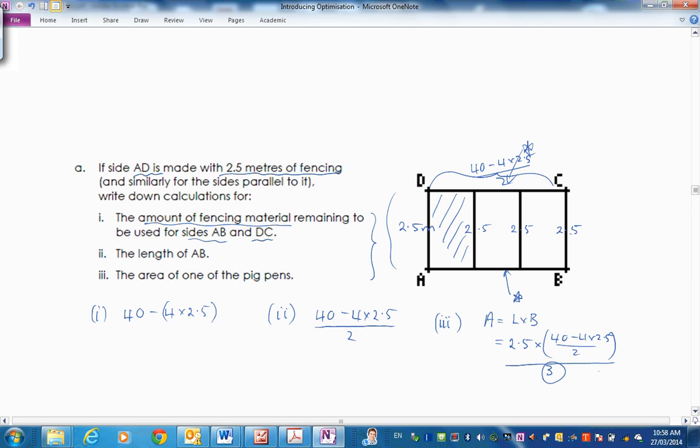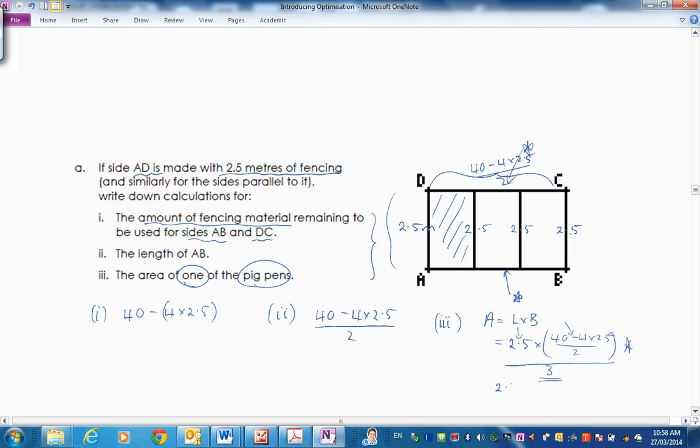Did you get that? Or did you get caught out and found the area of the whole lot? Remember here it said one of the pig pens. I should have actually circled or underlined that in the problem. Okay, so there's a length, there's a breadth, and we want only 1 pig pen. It's a third of it. So you might not divide by 3.